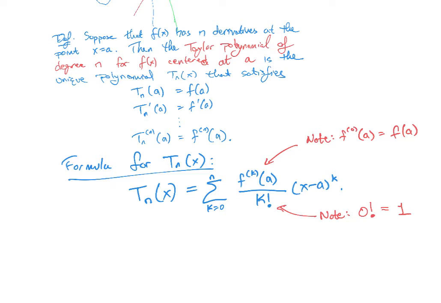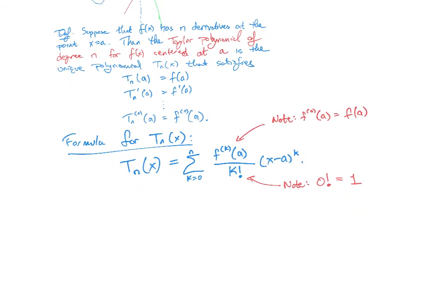I would argue this is not even a definition. What is k factorial? k factorial is the product from i equals 1 to k of i, right? Well, if you plug in 0 for k there, you get the empty product, and the empty product is 1.